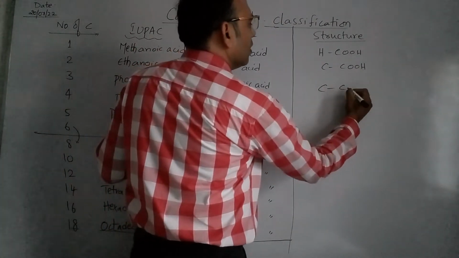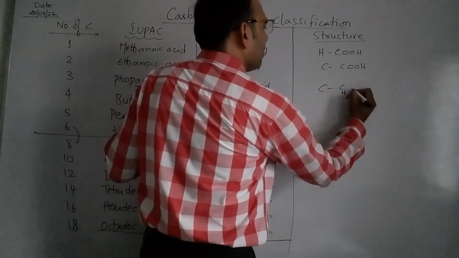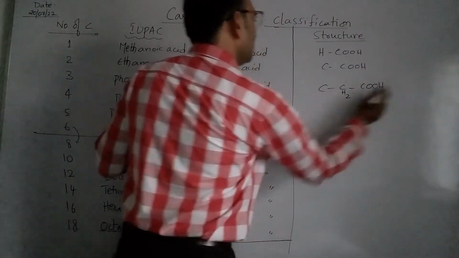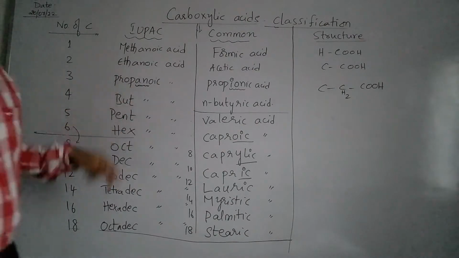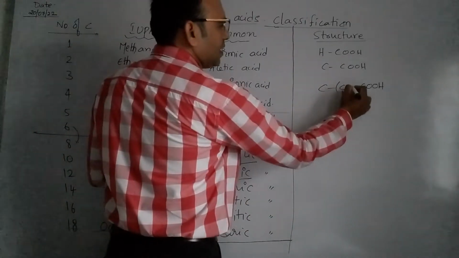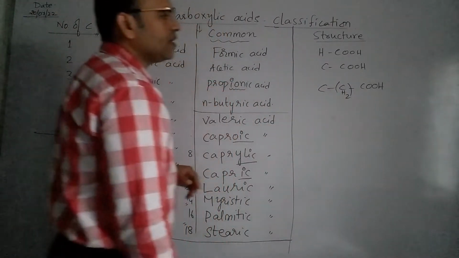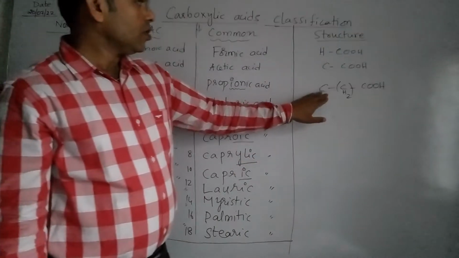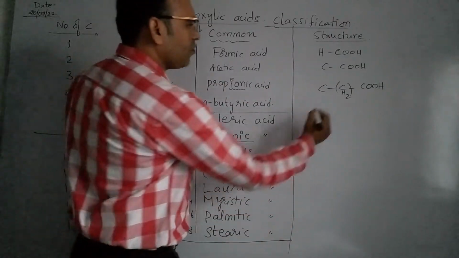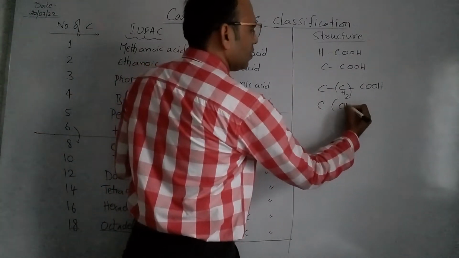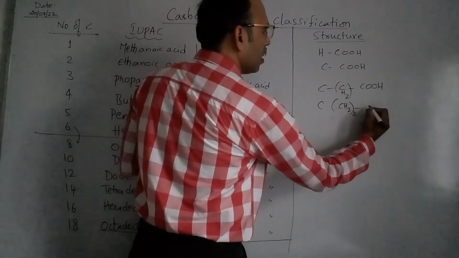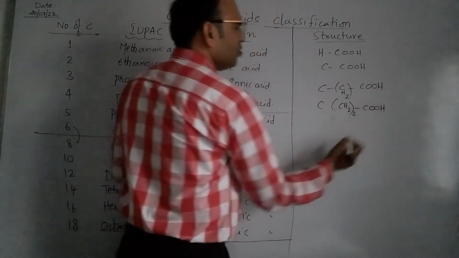Next, here we have totally 3 carbons, that is prop, and at the center you have a CH2 group, that is methylene group. So I have written 3. Next, write 4. For that, just add one more methylene group. So it is very easy.